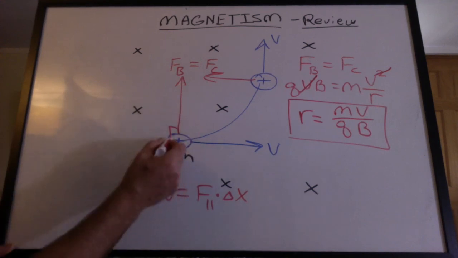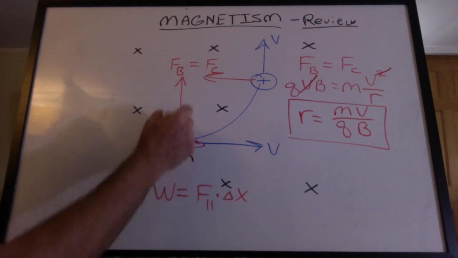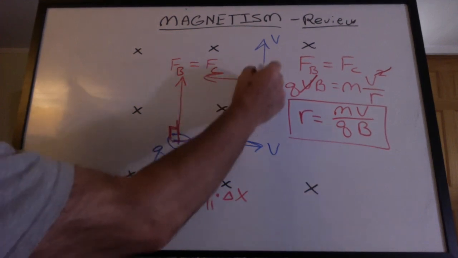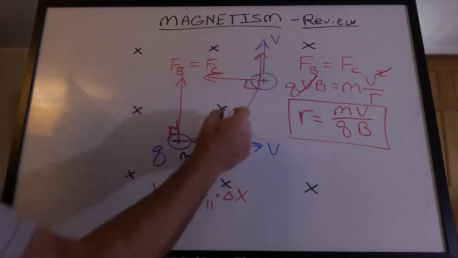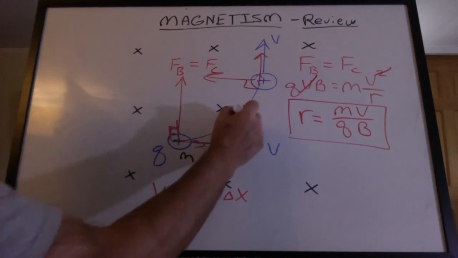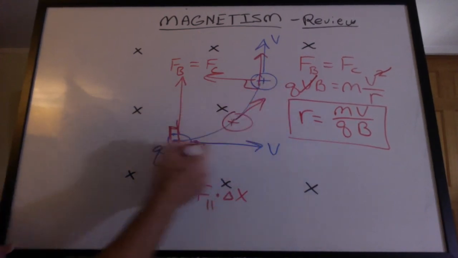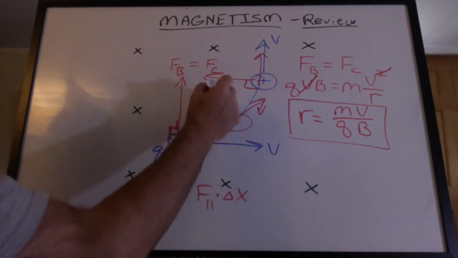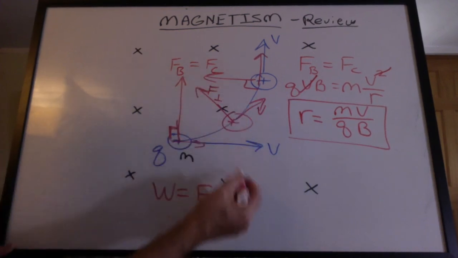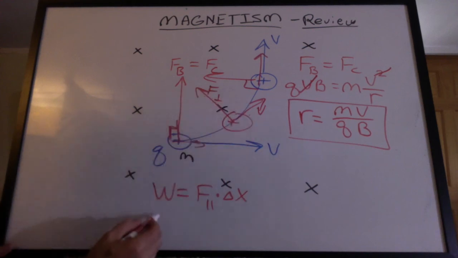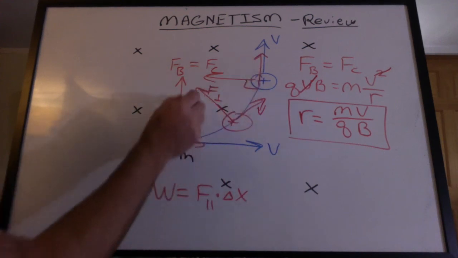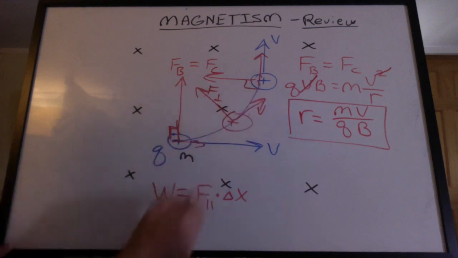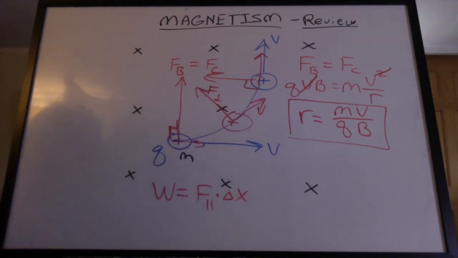At any given moment, the particle is moving perpendicular to this force. Everywhere we go, the velocity is tangent to the curve, and the force is perpendicular to the curve. So there is no work being done by the magnetic field because the force is always perpendicular to the displacement at that moment.